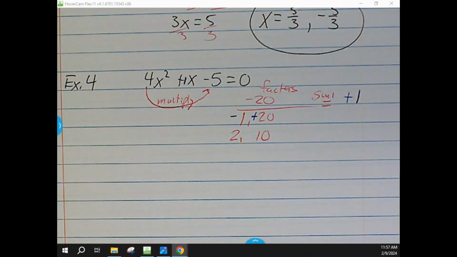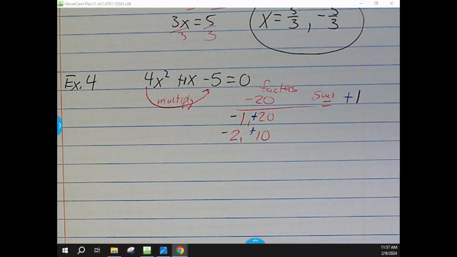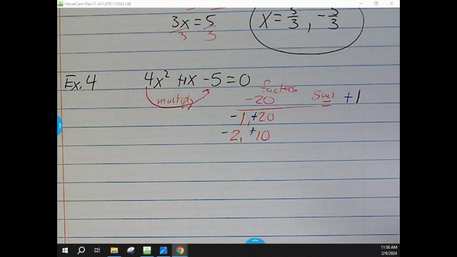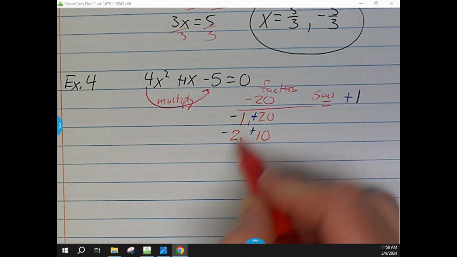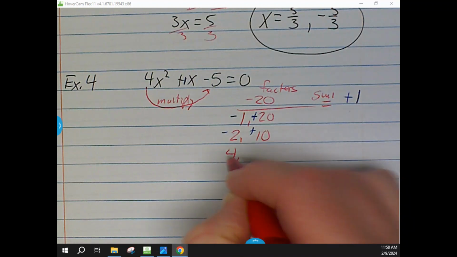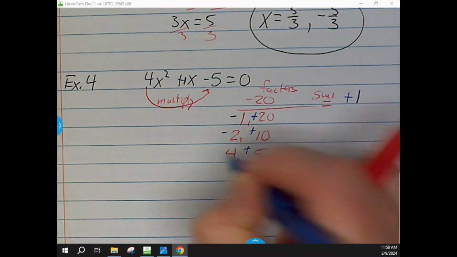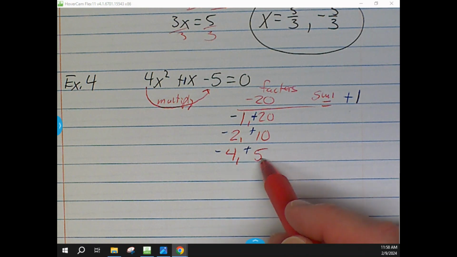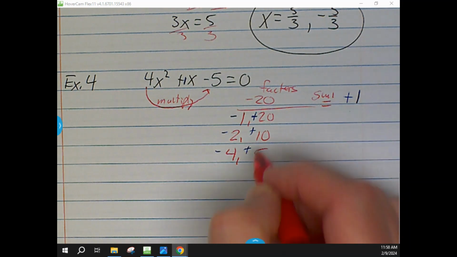All right, so if we go 2 and 10, positive on the bigger number, negative on the smaller number. Again, 10 and 2 is not going to get us down to 1. 20 and 1 doesn't get there. 3 doesn't work. If you take 20 and divide it by 4, it'll go 5 times. Since we checked 4 and 5 was the answer, 5 is already on the list. So if we get another answer that's on the list, that's all the factors it can be. The only pair that gets us to 1 would have to be the 4 and the 5.